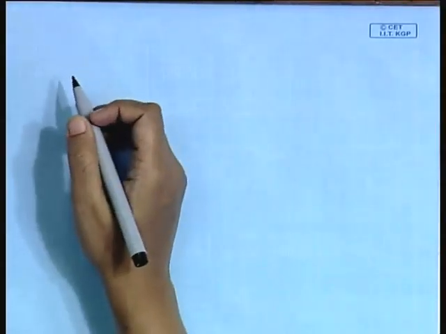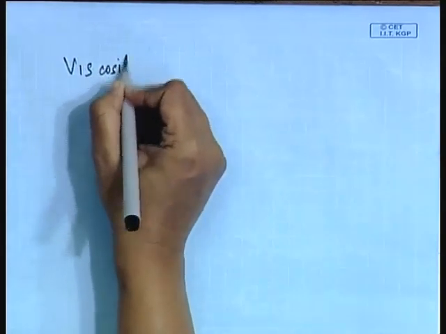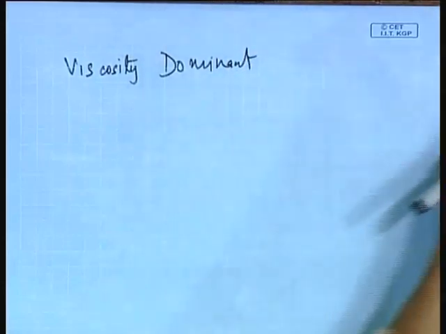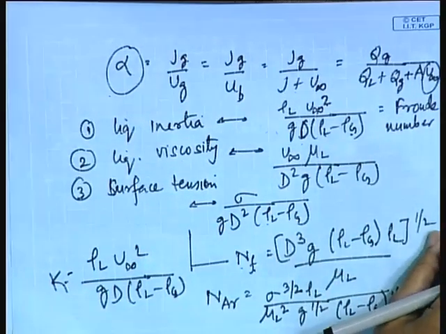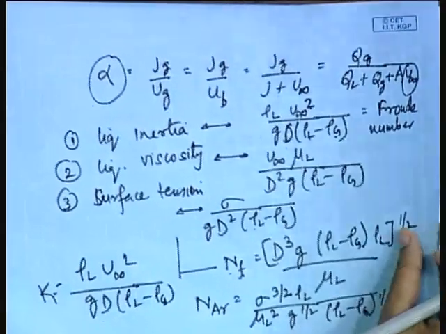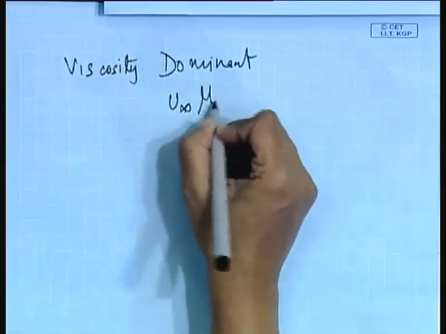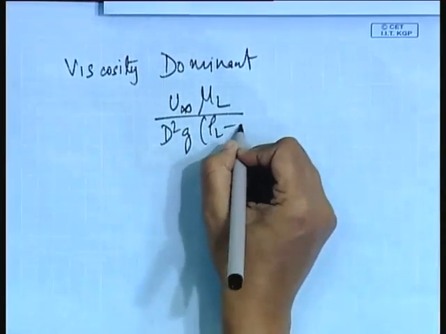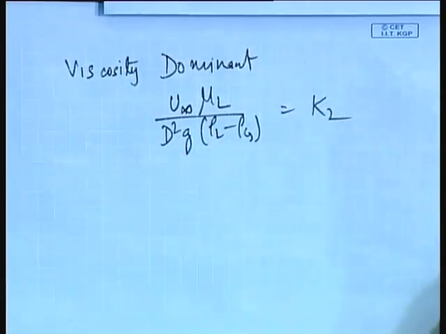Now, for viscous dominant situations, when viscosity is dominant, naturally the second group is going to be important, and that is going to assume a constant value, isn't it? So for such situations we find u infinity mu L by d square g (rho L minus rho g) becomes a constant, which is usually given as K2.